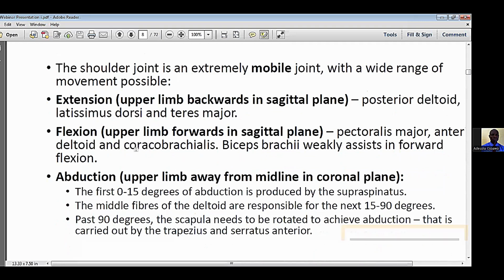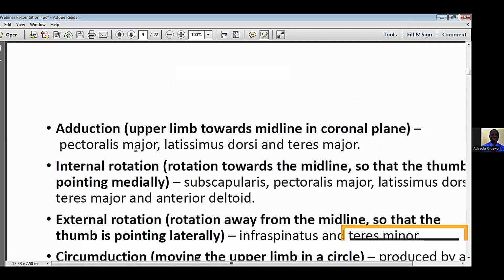Other movements include adduction, when the limb is moving to the midline, called the coronal or frontal plane. Pectoralis major, latissimus dorsi, and teres major are the major muscles responsible for this. Internal rotation is produced by subscapularis, pectoralis major, latissimus dorsi, teres major, and anterior deltoid.